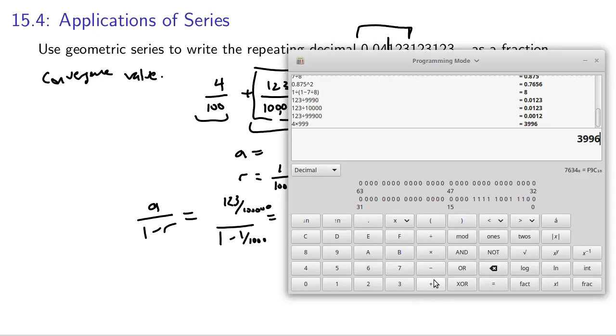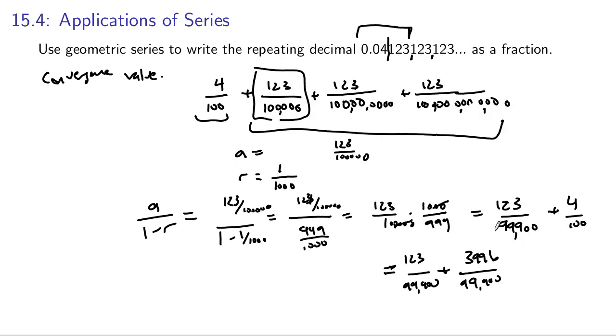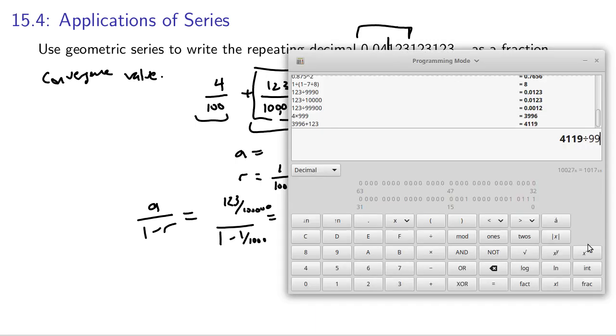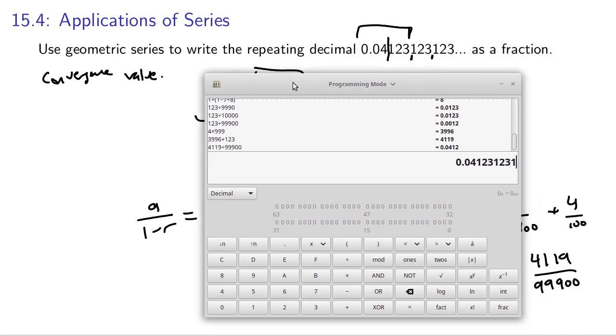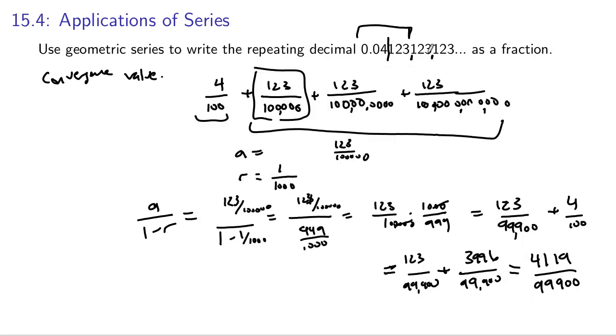Adding them together, we get 4,119 over 99,900 as the answer. We should be able to take a calculator, divide 4,119 by 99,900, and we should get what we asked about, the decimal 0.04123123123 and so on. And that is the answer.